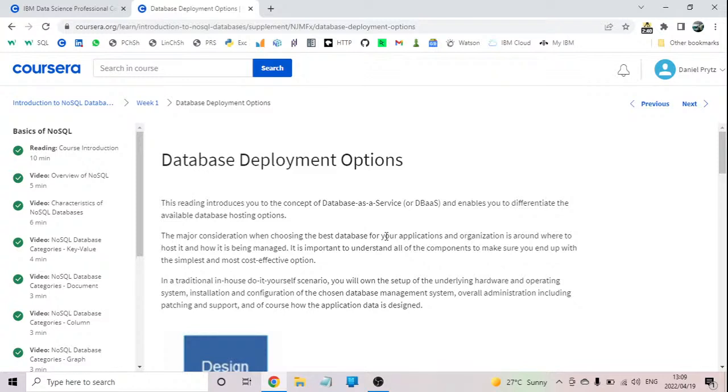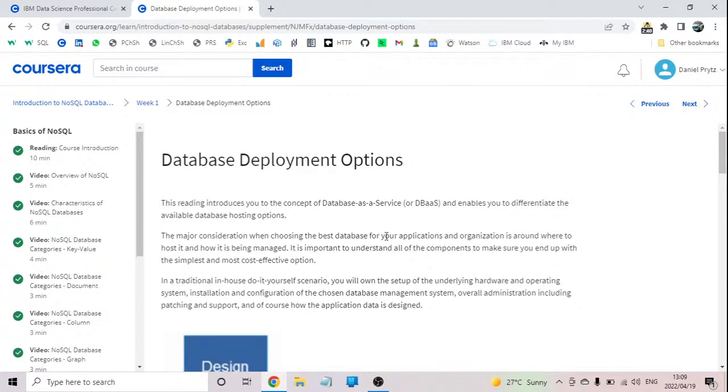In a traditional in-house do-it-yourself scenario, you will own the setup of the underlying hardware and operating system, installation and configuration of the chosen database management system, overall administration including patching and support, and of course how the application is designed.